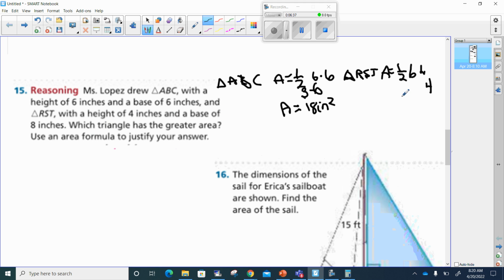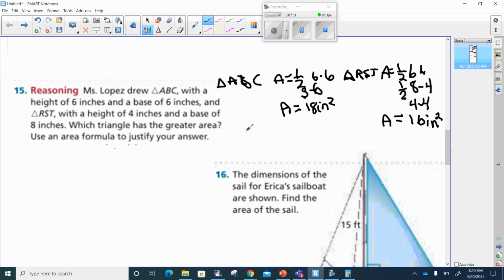It has a base of 8 inches. And now we got everything we need for our formula again. We know that 1/2 of 8 is 4. So this would be 4 times 4 now. And 4 times 4 is 16. So the area is going to be equal to 16 inches squared.